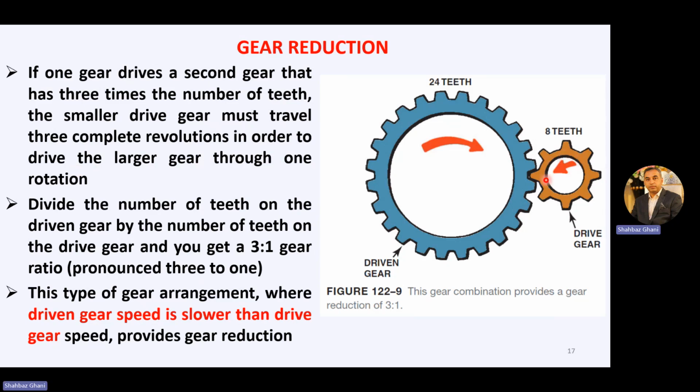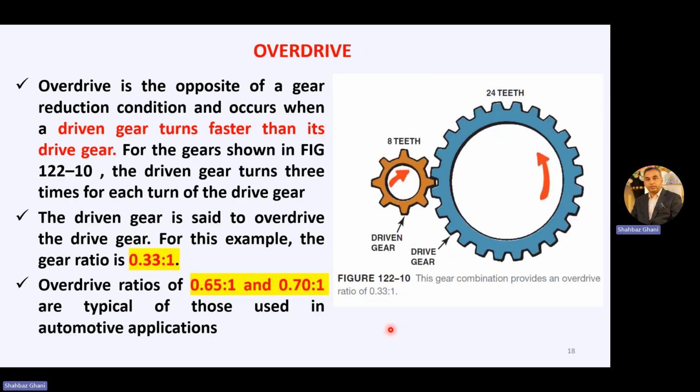So this smaller drive gear has to make 3 rotations to cover this one rotation. So we divide the number of teeth on the driven gear by the number of teeth on the drive gear and we get a 3:1 gear ratio. This type of gear arrangement, where the driven gear speed is slower than the drive gear speed, provides gear reduction, and that will be the ratio of 3:1.